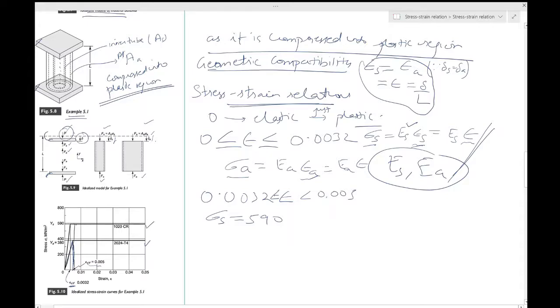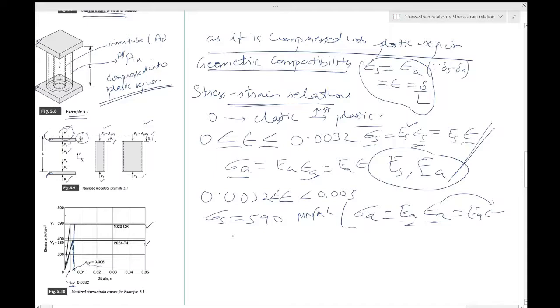So it's constant now, in MN per meter square. And for aluminum it would be Ea into epsilon a, and this would be Ea into epsilon. This is the same as this. So you know this Ea, you already know this maximum value, so sigma is already known at this place.